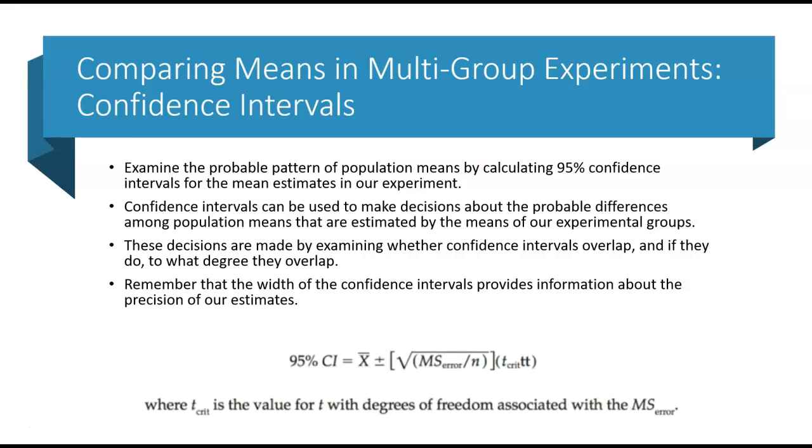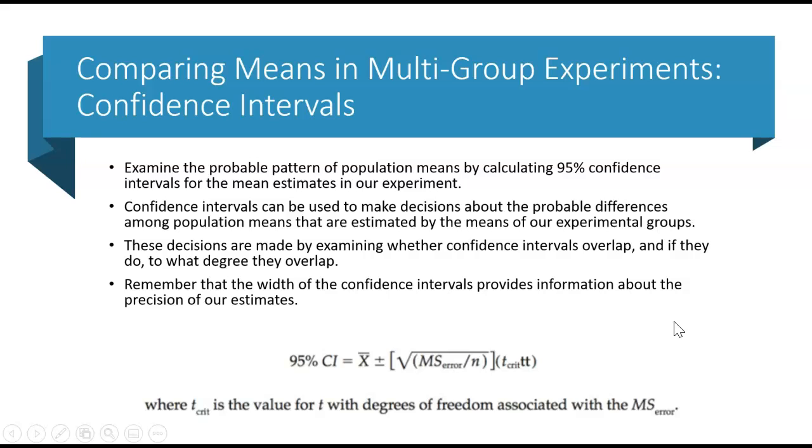Now, I screenshotted this image from your text. It's the formula for how the confidence intervals are calculated. I just wanted you to note that they're connected to the mean for the group, the error, n, and you figure in the critical value of t as a part of this whole picture.